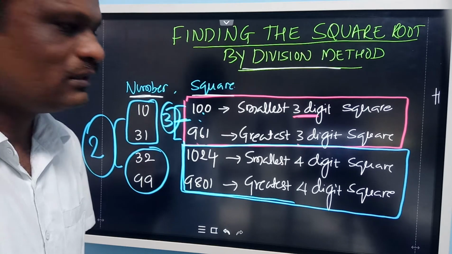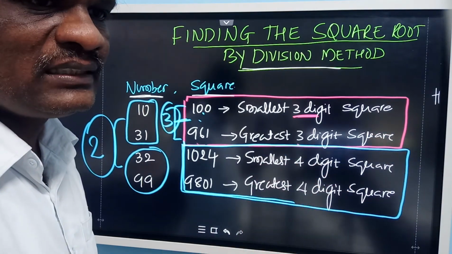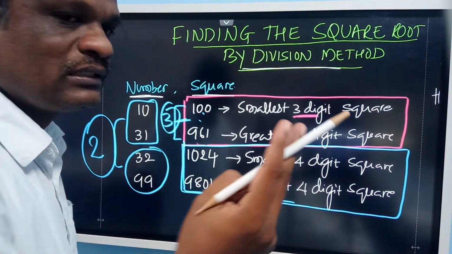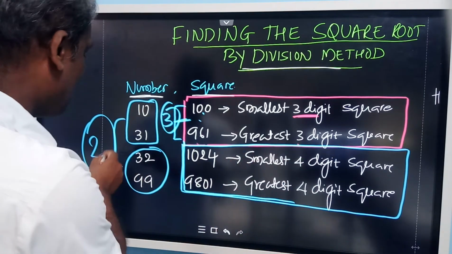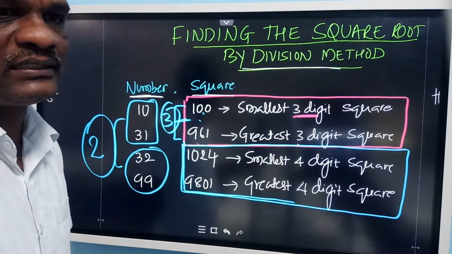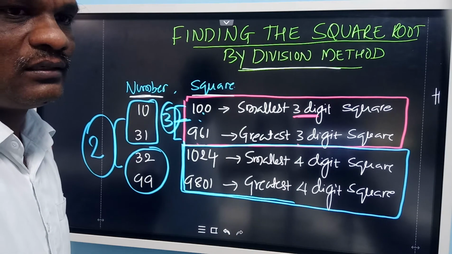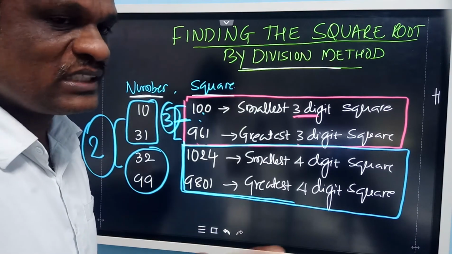So if there are 4 digits, its square root is half of that. 4 digits means square root will be 2 digits. For 3 digits also it is 2. Now you check it.